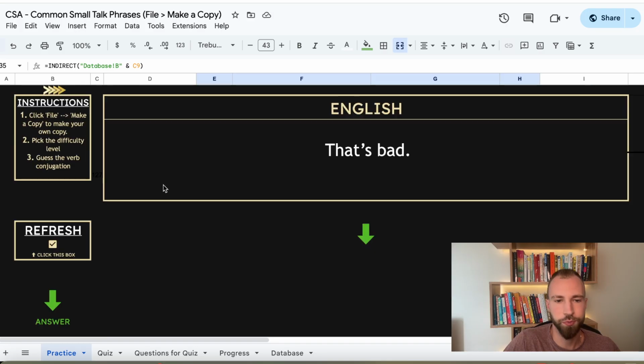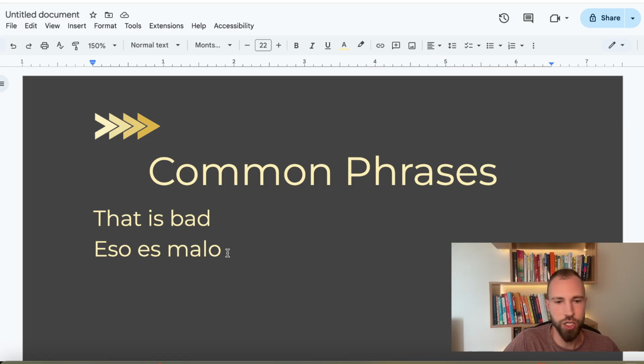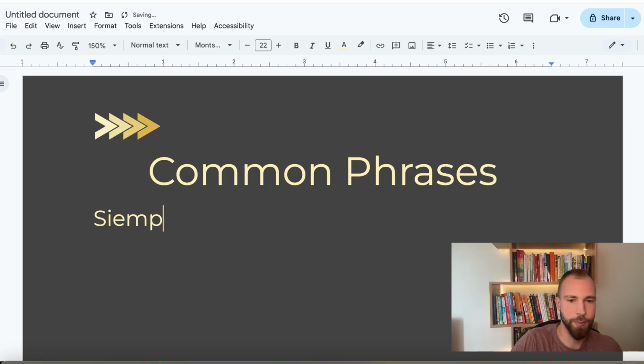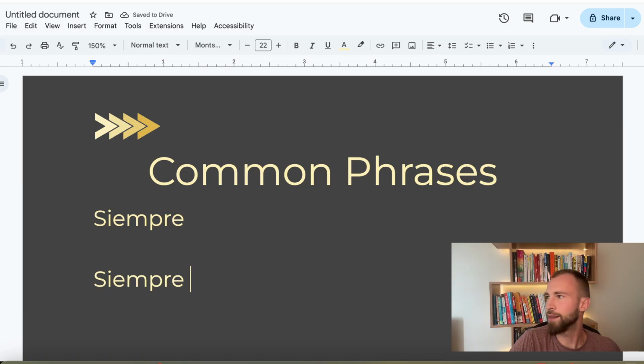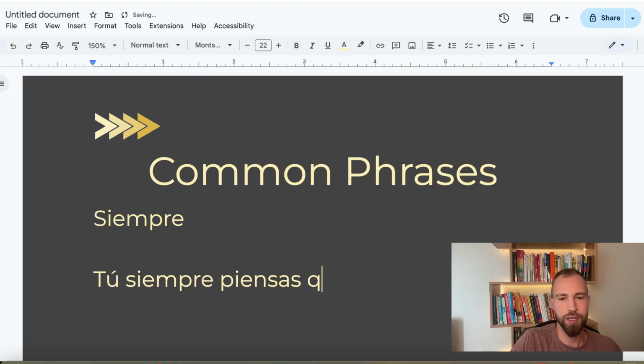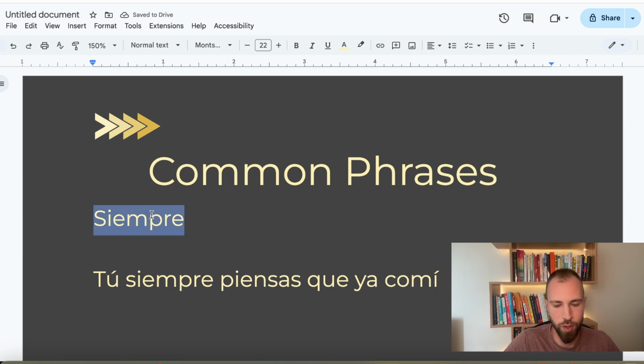Eso es malo. Always. Okay, again, just pure memorization. Always is the word siempre. So siempre, I don't know, I'm trying to combine things that we've already seen. Tú siempre piensas que ya comí. I'm just combining a bunch of phrases there that we already went over.